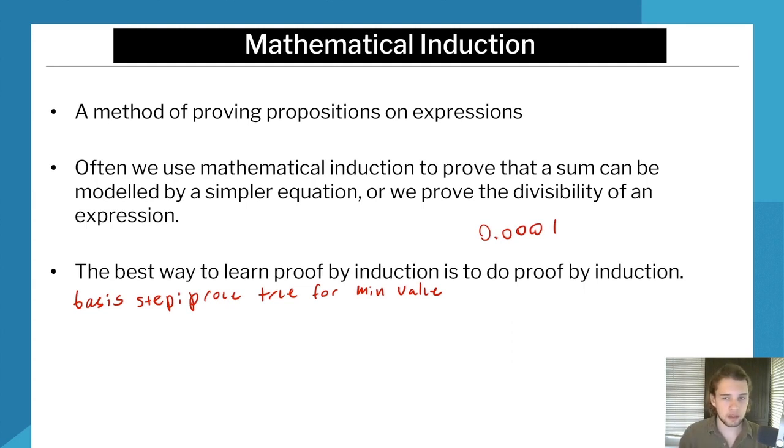So in mathematical induction, we look at well-ordered sets, where we can get a true minimum value. So we want to prove true for the statement for the minimum value in the basis step. Then we do the inductive hypothesis.